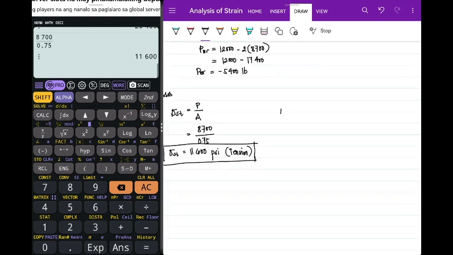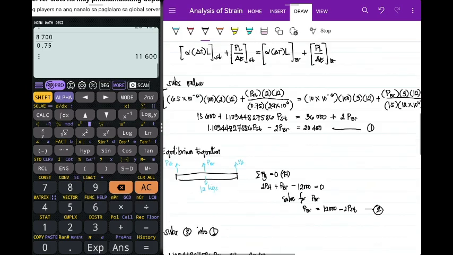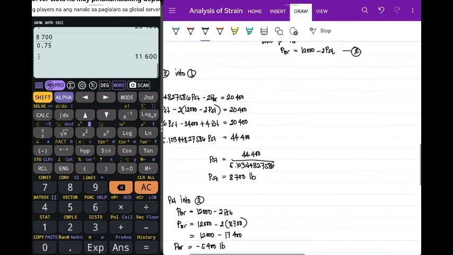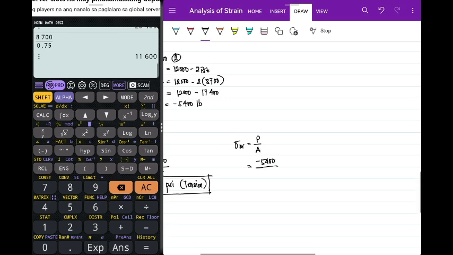Next, we can now calculate for the stress in our bronze. Still P over A. But our P here is negative 5,400. We divide that by 1.5.